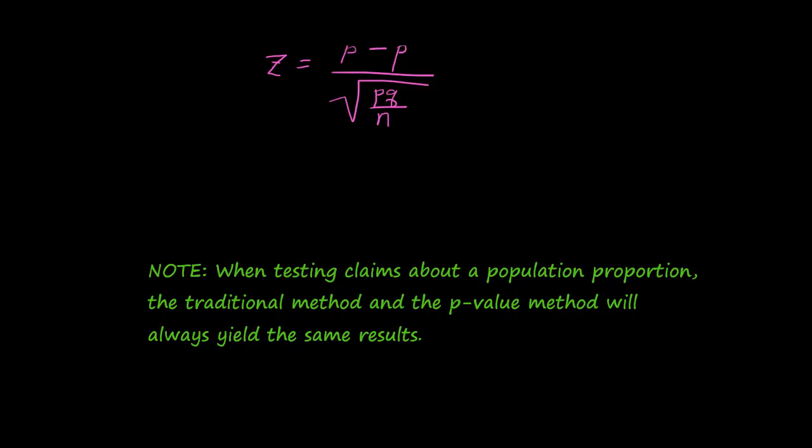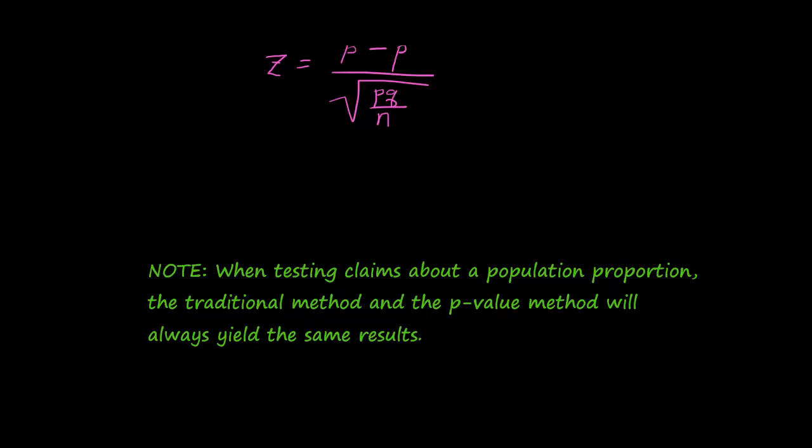If it does not, we fail to reject the null hypothesis. And then the p-value method compares the p-value with alpha. The p-value is the probability associated with the test statistic. So there are 2 ways that we can make our decision, and these 2 ways will agree and yield the same results.